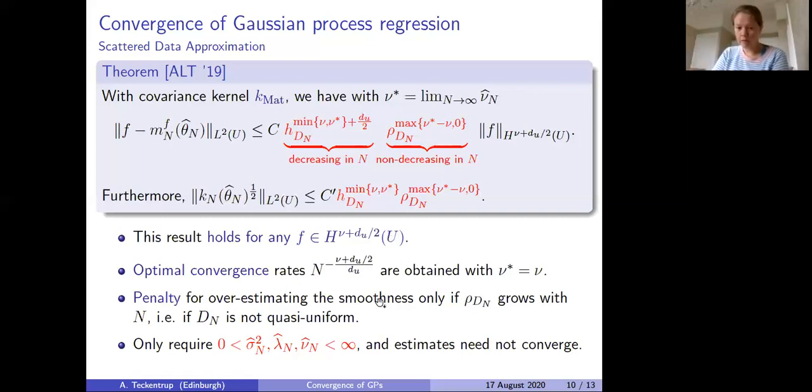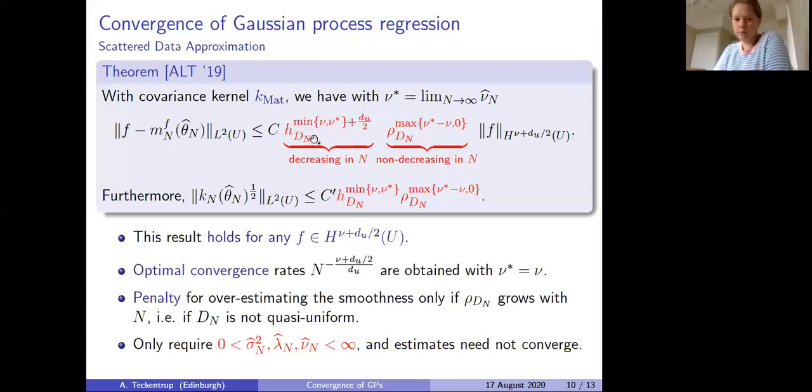Okay. You do get optimal rates if you have the correct smoothness. Okay, so this is optimal in the sense of information-based complexity, estimating a function with this smoothness in terms of n function values. If you're not estimating it correctly, then you might not get the optimal rate. So in particular, if you're underestimating the smoothness, then you don't get the optimal rate here.